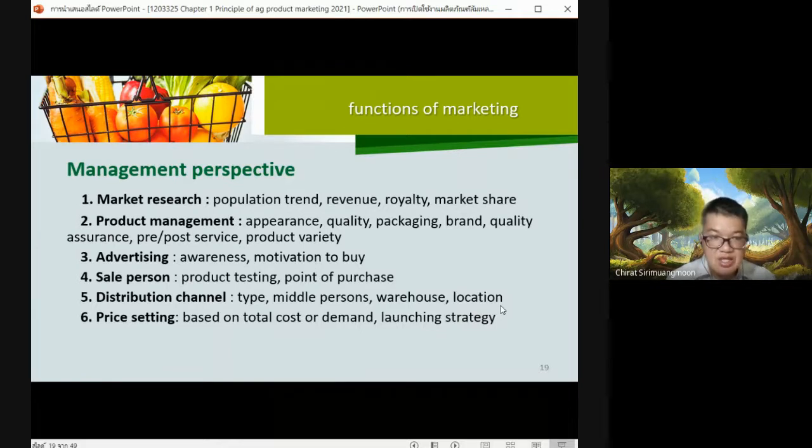The second one is product management. Marketing will let you know what should be good for the appearance of the product. For example, in the past, most fruit and vegetables should look very good. There were no holes or worms, which was called great quality.